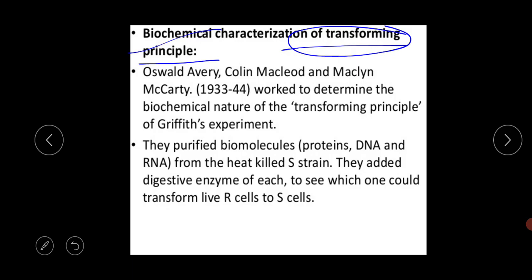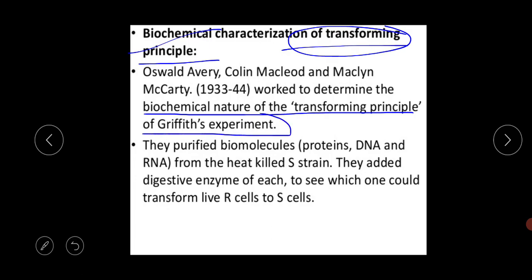In 1944, 16 years after Griffith's experiment, there were 3 scientists: Avery, MacLeod and McCarty.